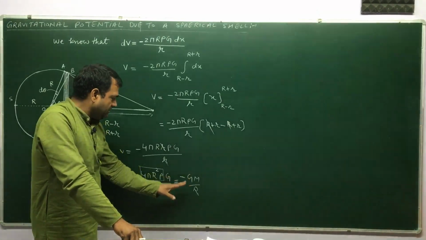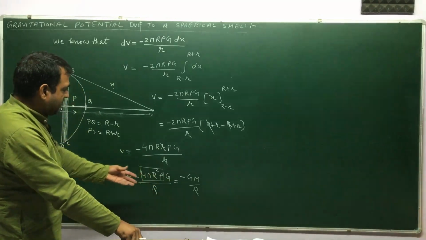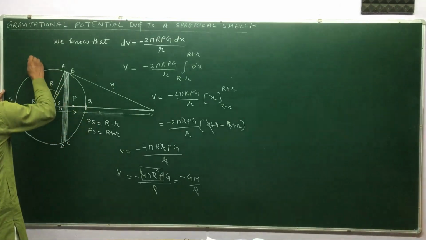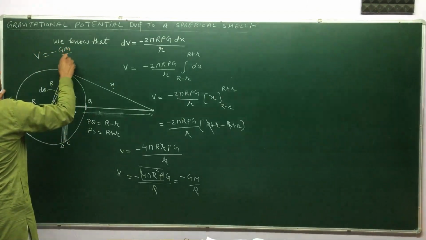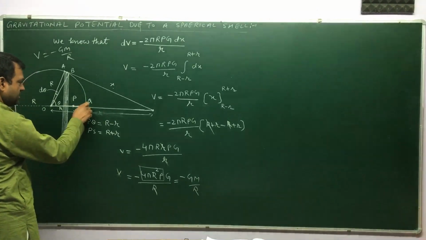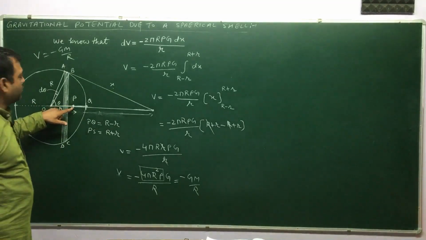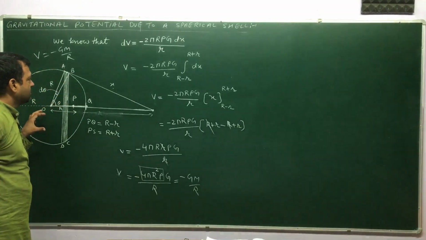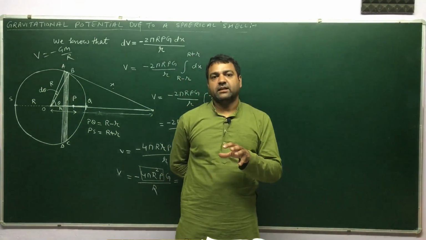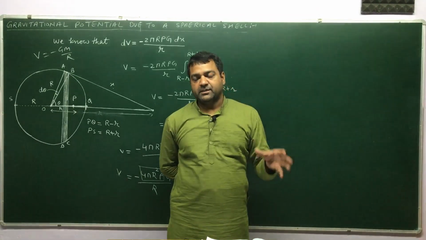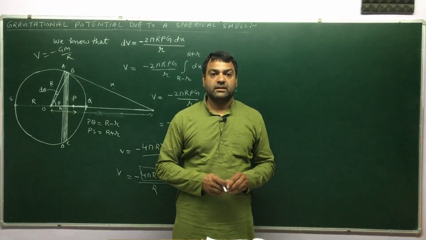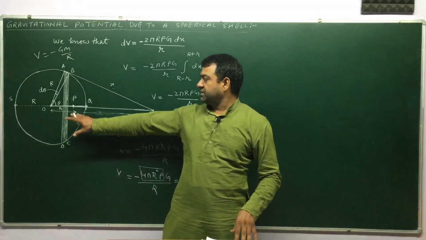And if we recall the previous case, when this point P was lying on the surface, V comes out to be minus GM by R. So the gravitational potential at this point is equal to the gravitational potential at any arbitrary point which is lying inside the shell. So we can say that gravitational potential inside the shell is a constant quantity, and its value is the same as at the surface of the shell.